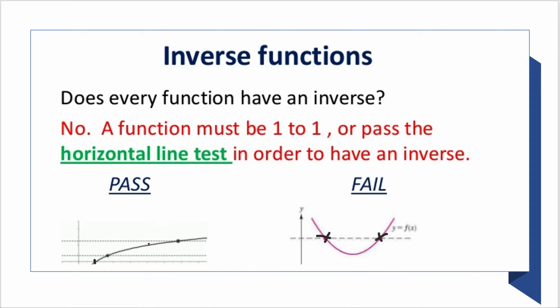So this one has an inverse. But for the second one, a quadratic function, if we draw a horizontal line, it's going to hit in two places, here and here. So this quadratic function doesn't have an inverse. It may have an inverse just in a restricted domain, but not in the whole domain.